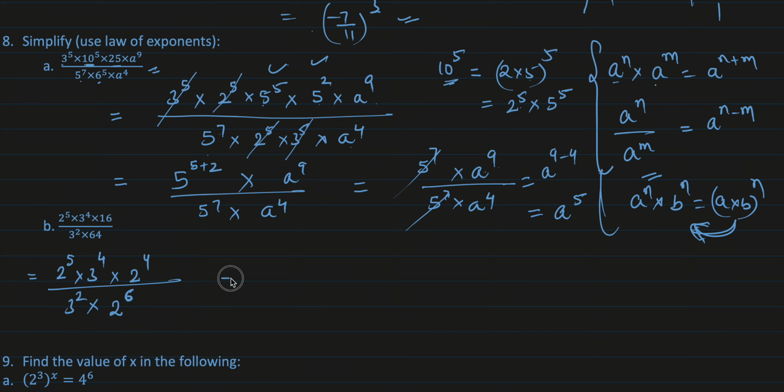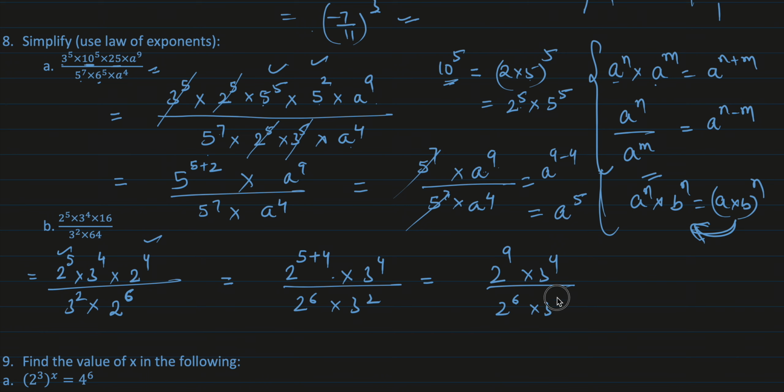Now let's talk about the same bases in the numerator. So plus 4, these two, 2^5 plus 4, 3^4 by 2^6 into 3^2. Okay, I just repositioned. So now it is 2^9 into 3^4 by 2^6 into 3^2.